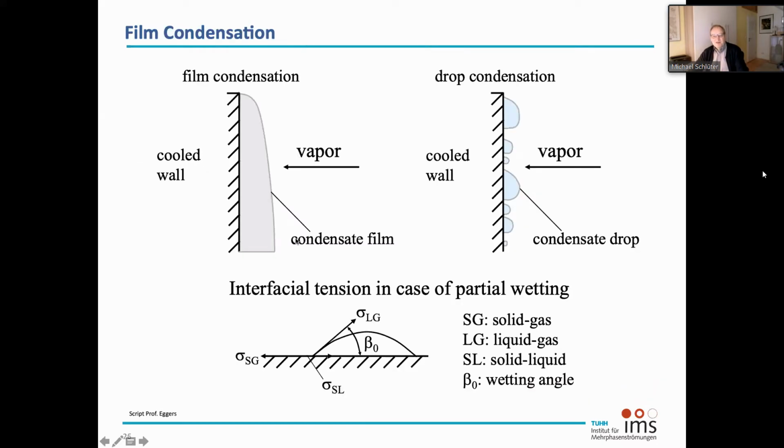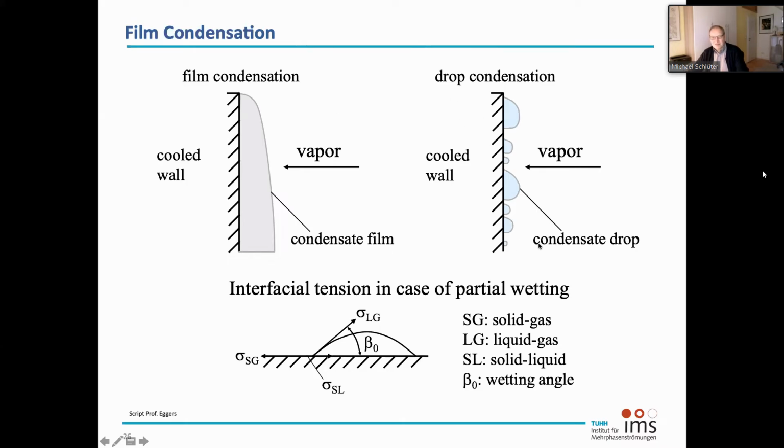So how can we describe this in detail? Here you see the film condensation. So vapor comes here and is cooling down at the cooled wall, and then you get a condensate film that runs down, and here you see some condensate droplets. So we distinguish between film condensation, if we have a lot of vapor and liquid, or drop condensation.